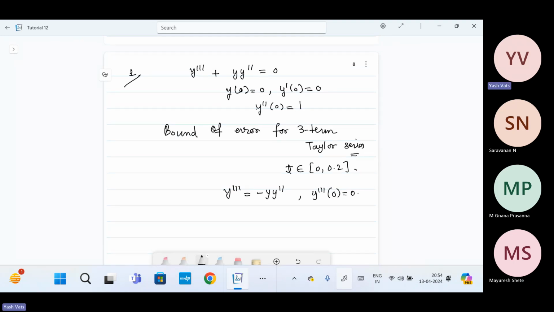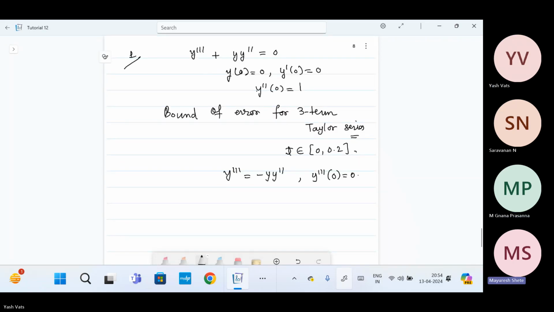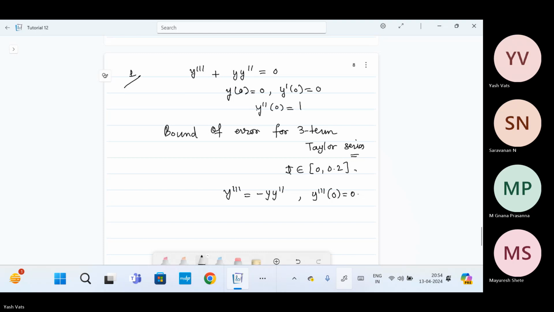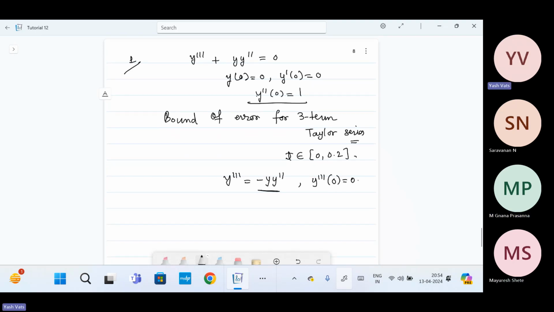The y triple dash is not given, y double dash 0 is 1, but you can find y triple dash 0 also, from that y triple dash is minus y double dash. Yes, you are correct. So y4 is minus y triple dash plus y dash, and y4 0 is also 0.